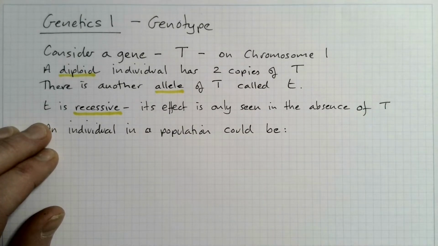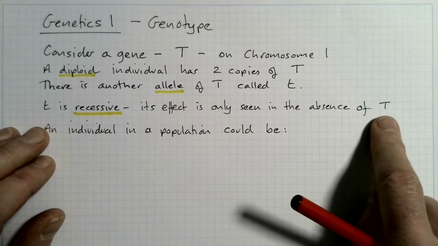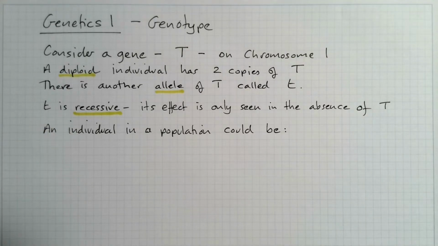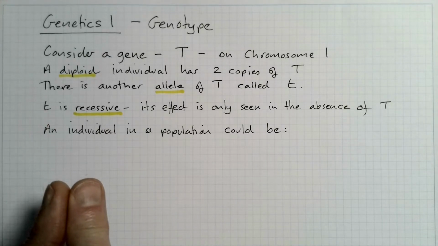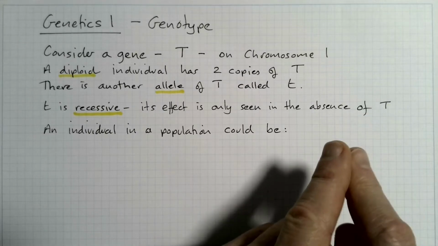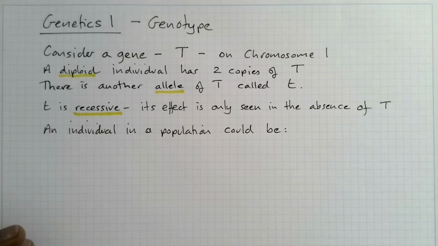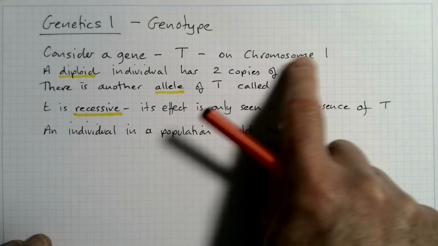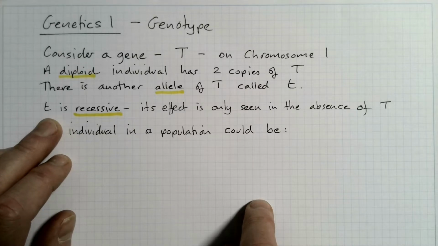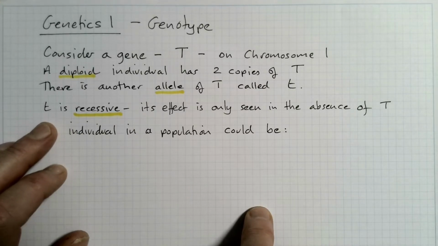So if big T is there, then we'll get a long tail on our mouse. If I have an individual where big T is there on one chromosome, then I'll get a long-tailed mouse. But if I get a mouse where it's only got little t, so there's little t on the first copy of chromosome 1 and little t on the second copy of chromosome 1, then that mouse is going to have a short tail because it doesn't have a copy of big T. It's only got 2 copies of chromosome 1, and both copies have the recessive little t.